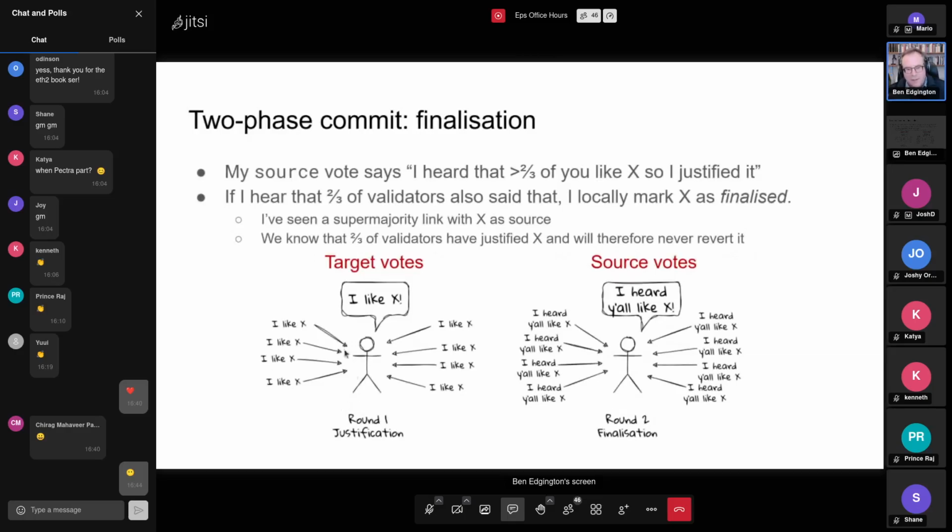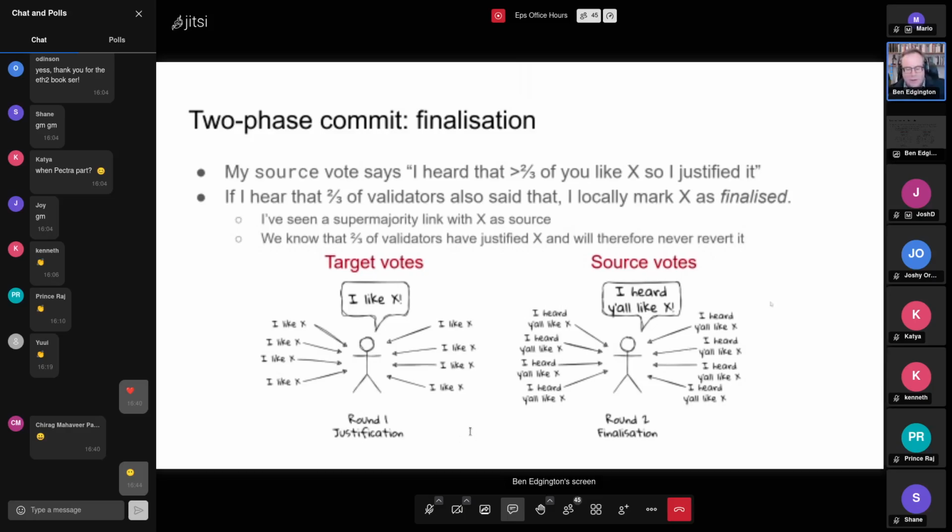Now, they might be lying to me, which is why I need to do the second round and finalize it. If I hear from 2/3 of validators that they have also justified it, then we have this kind of global property that the checkpoint becomes finalized in the protocol.